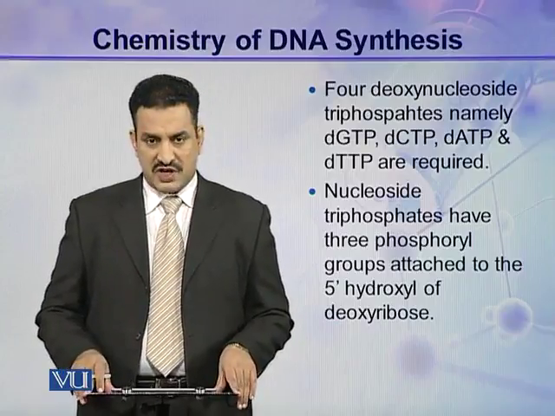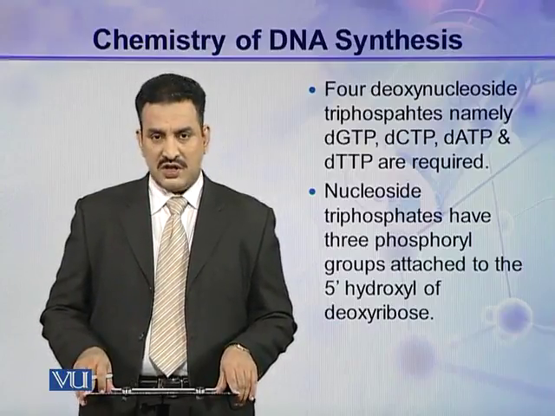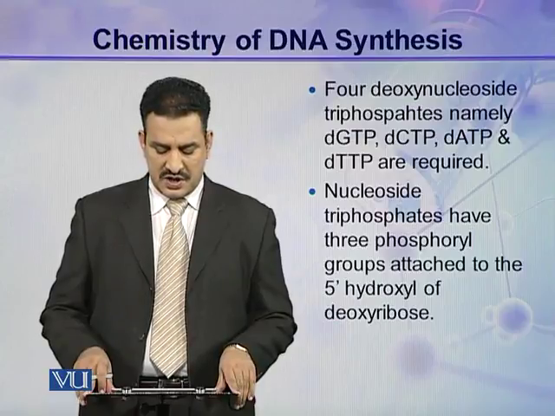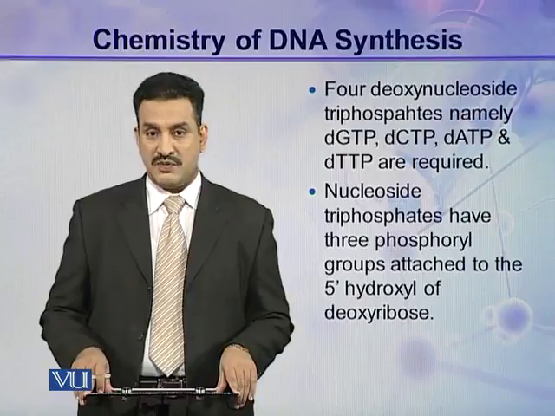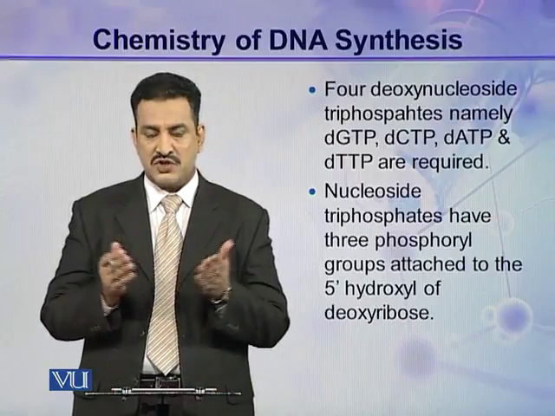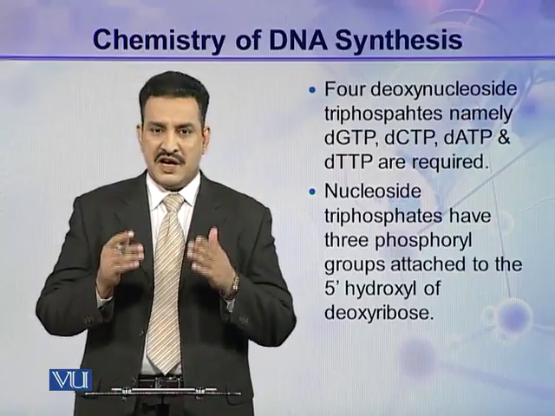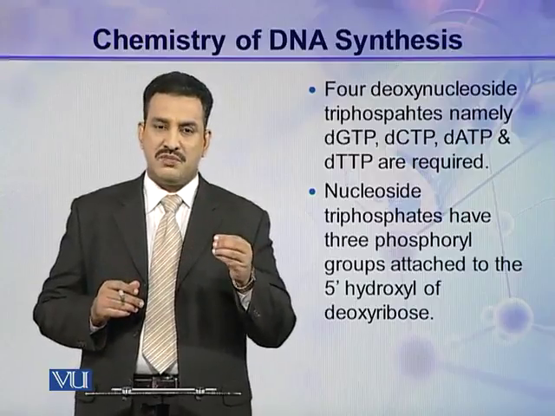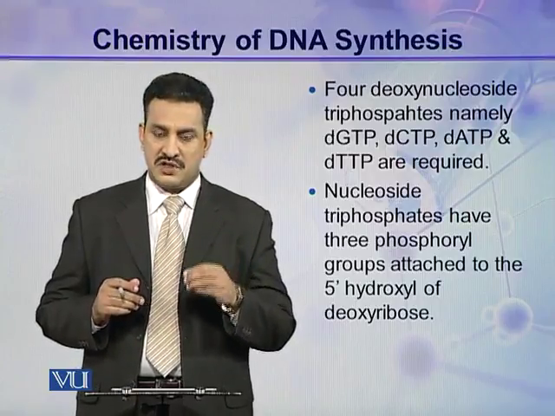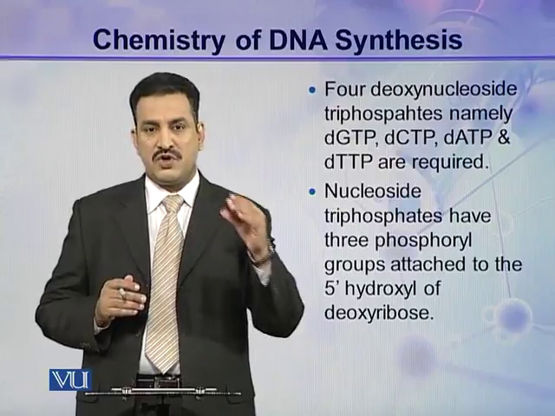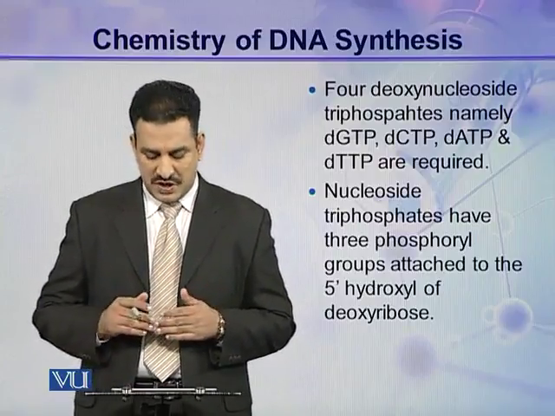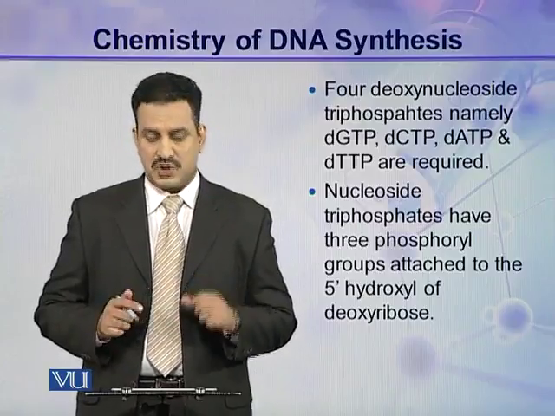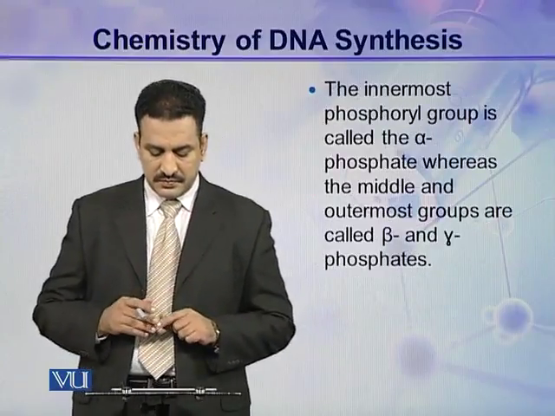The nucleoside triphosphates have three phosphoryl groups attached to the 5' hydroxyl of the deoxyribose. Deoxyribose sugar is present, as you know, in DNA, and to the 5' carbon of this deoxyribose, three phosphate groups are attached, so that in this way it becomes a nucleoside triphosphate.